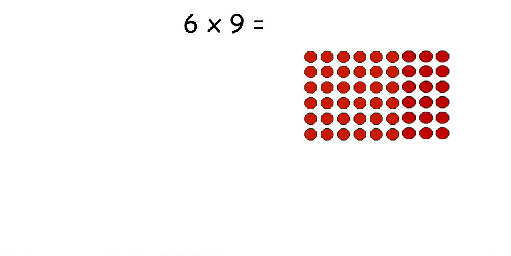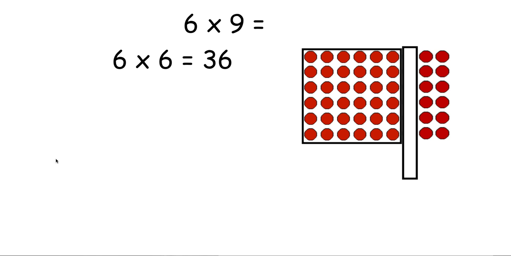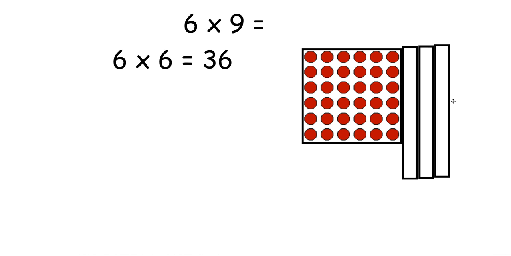You can do it with problems that are even further away, that even have more columns. So 6 times 9, for example. Well, again, I'm going to take my knowledge of the square. So the square, of course, in this case is 36. So 6 times 6 is 36. And we're going to temporarily, if you recall, cover these up, or just not think about those in order to figure out that square.